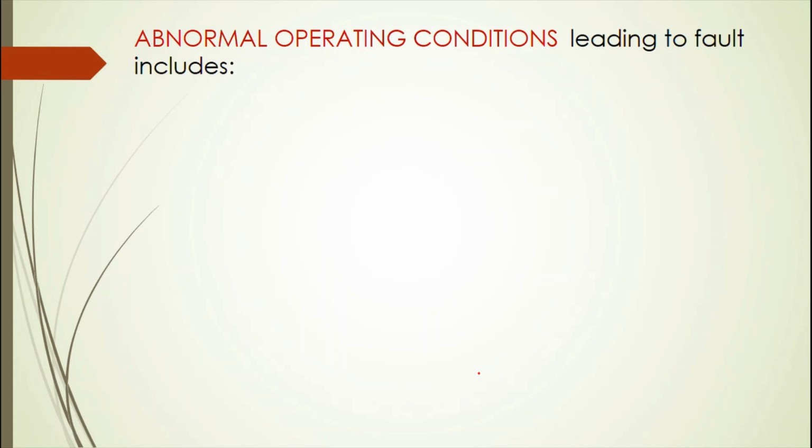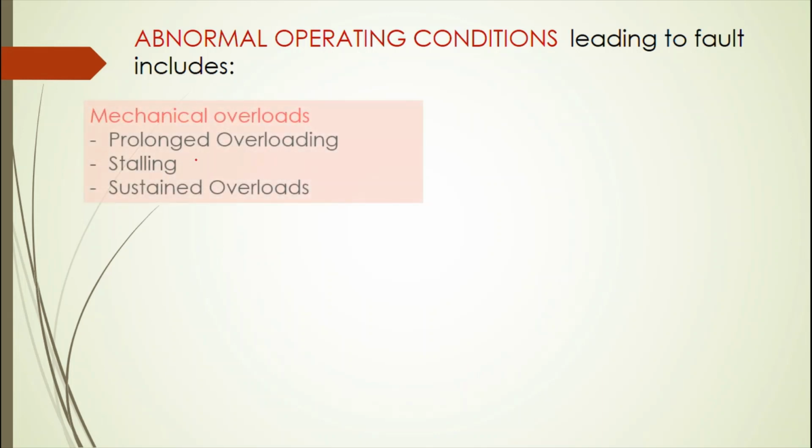There are some abnormal operating conditions which also lead to faults. These include mechanical overload. It may be prolonged overloading, meaning we are overloading the motor for a long period of time, stalling, and sustained overload. These three possibilities can lead to mechanical overload, which can further be detected as a fault in the motor.